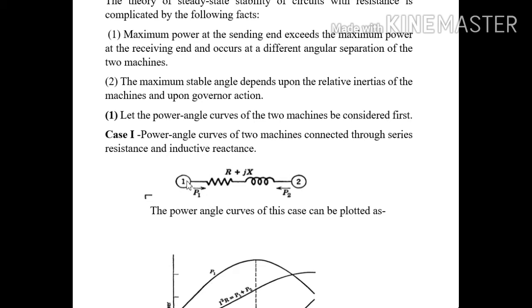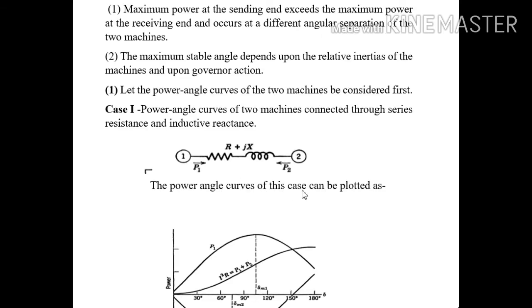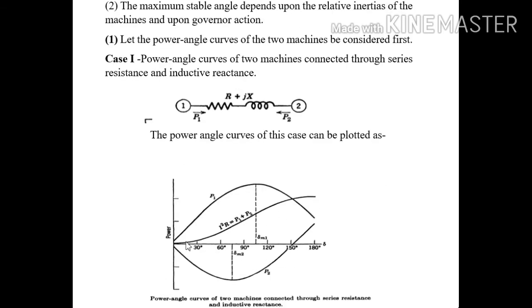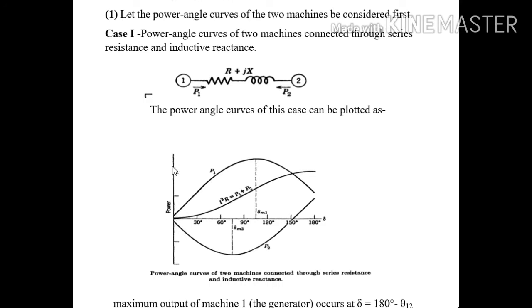Rather, we call this a generator and this a motor. It is connected through this resistance and inductive reactance. The power angle curves of this case can be plotted as shown here. If I plot power versus delta, I can draw the power angle curve for the generator side as P1 and the power angle curve for the motor side as P2.